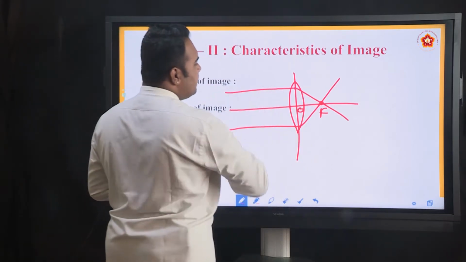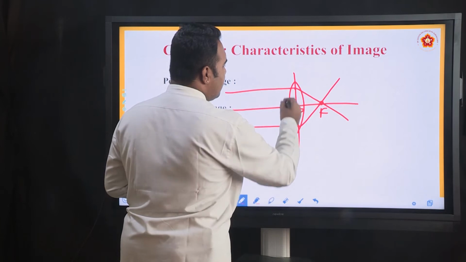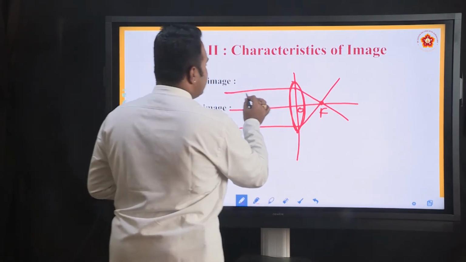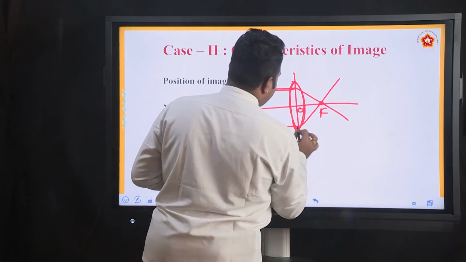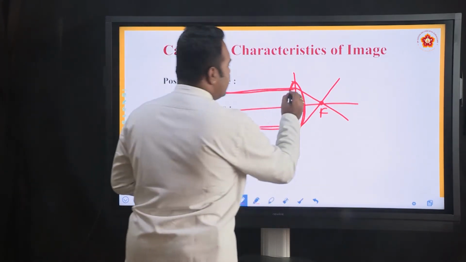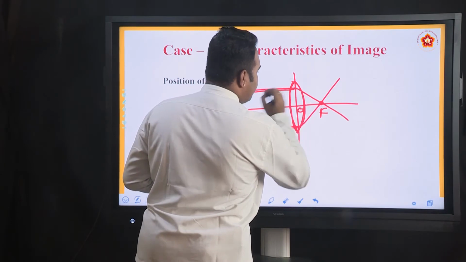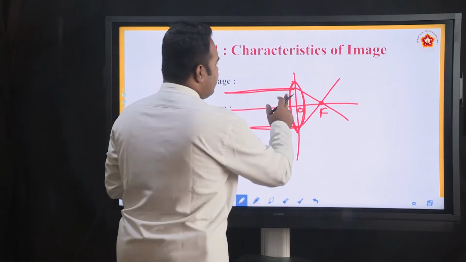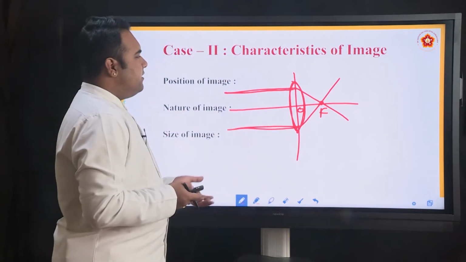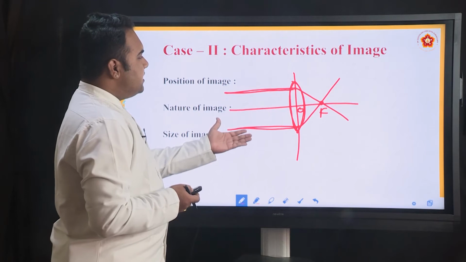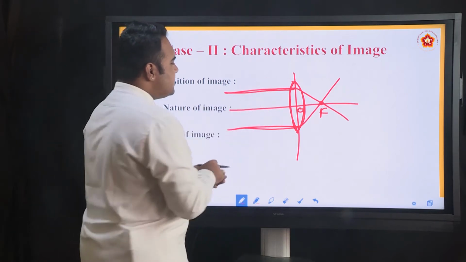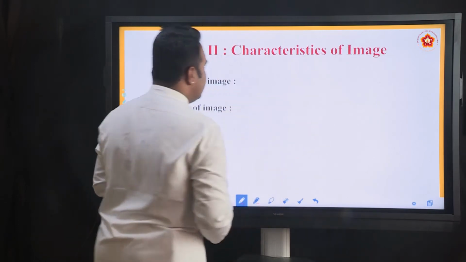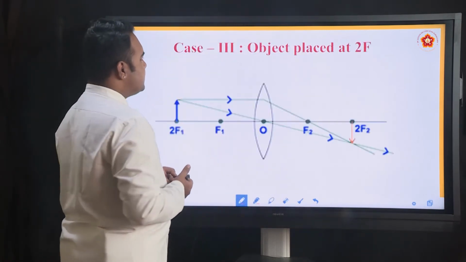But in the case of lenses, it's easier for us to draw because, at least when we are drawing the image formation, we show the refraction happening from this point itself. This is how the ray diagrams are drawn. So this way the formation of images in a concave lens or convex lens becomes easier, and these distances are marked exactly. So it's easier to draw the image formation in lenses compared to that of mirrors.